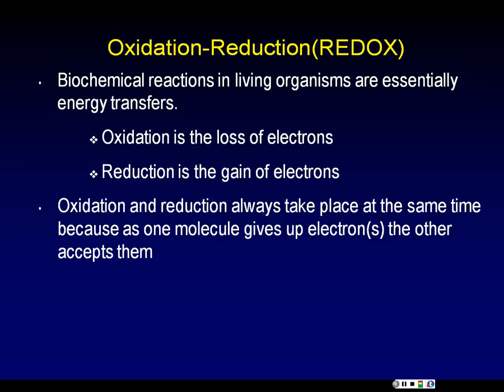So here's what I said a minute ago. Oxidation and reduction always take place at the same time, because as one part of the reaction is given up, somebody has to be picking it up. As one part is gaining, the other is losing. So we're just transferring this stuff about. We're not losing it, we're just moving it around. We're going to be breaking some bonds, but we're going to be building some too.